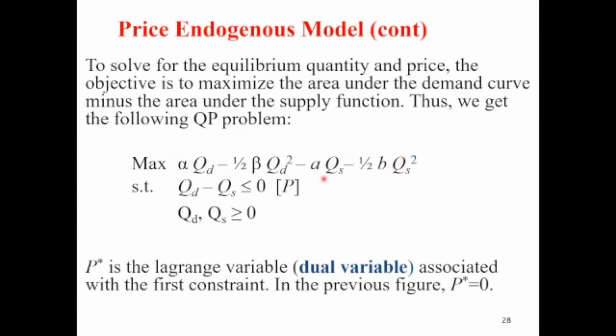This turns out to be the area, and you can check it for yourself if you like, between the demand and the supply curves, and that's what we want to maximize. QD minus QS has to be less than or equal to 0. In square brackets here, this P is the Lagrange multiplier. We have this non-negativity constraint, and P star is the Lagrange variable or dual variable associated with the first constraint. In the previous figure, we had that it was equal to.